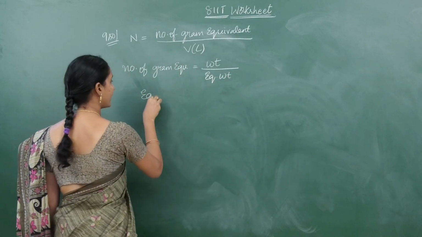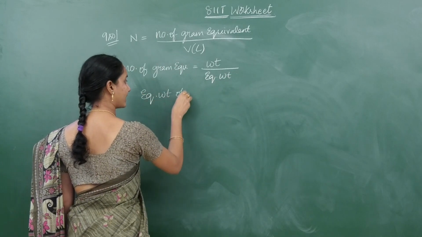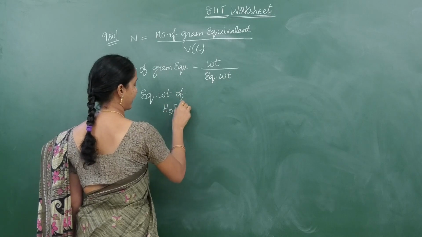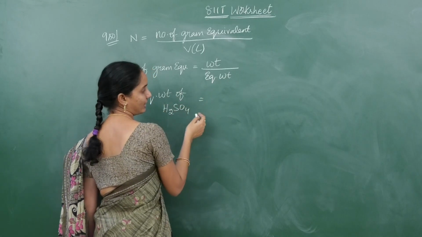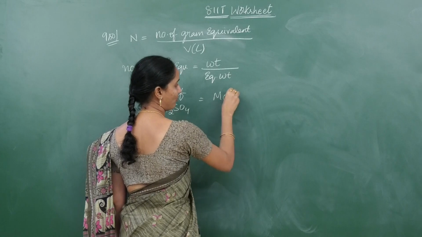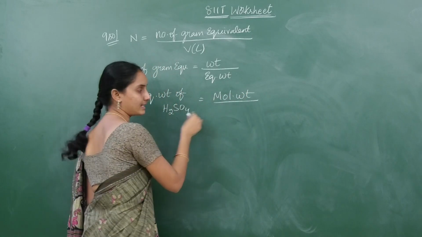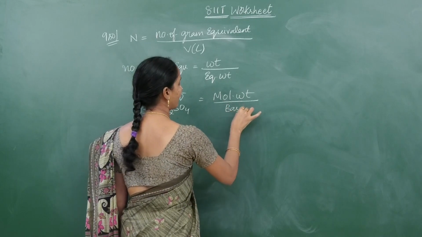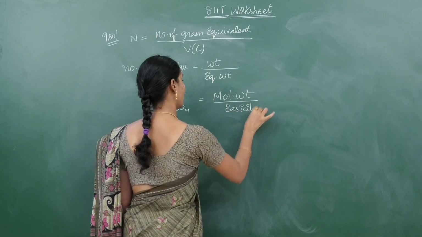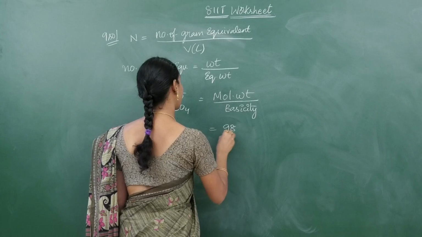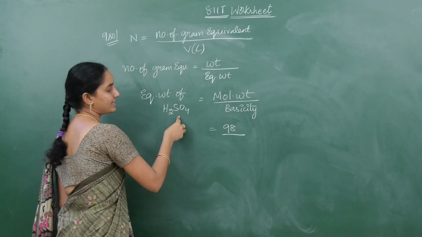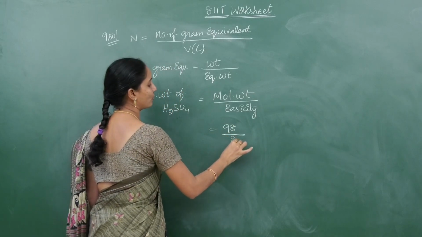So equivalent weight of what do we have to calculate here? H2SO4, children. So equivalent weight of H2SO4 is equal to molecular weight by basicity, since H2SO4 is an acid. So molecular weight is 98 divided by basicity of H2SO4, which is 2.